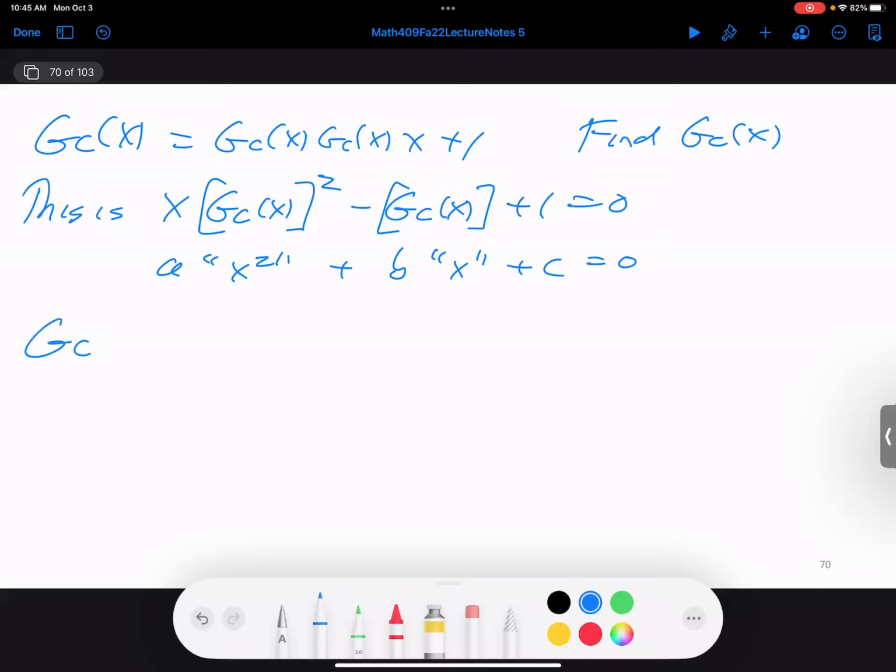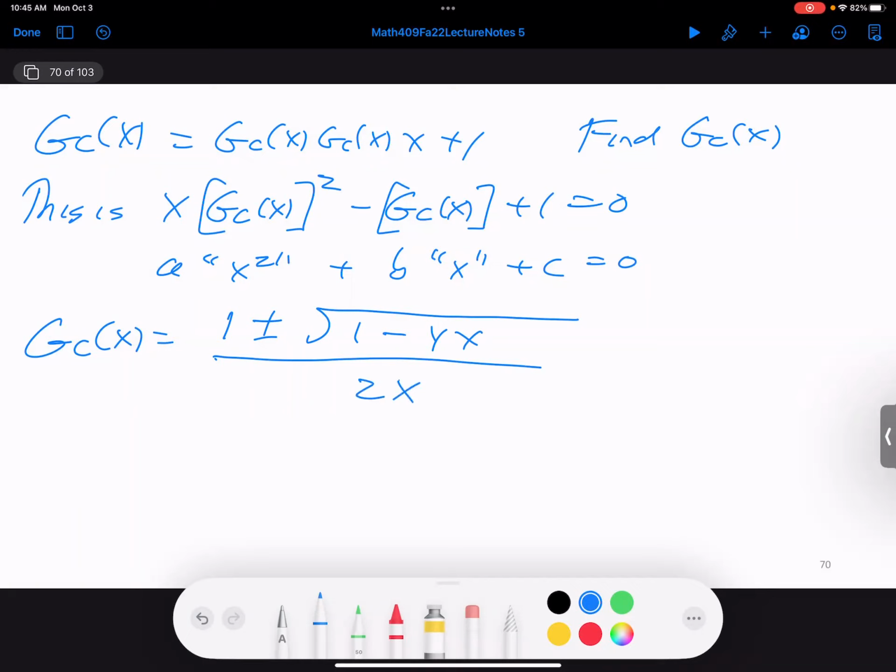So GC of x is going to be negative b. So what does b equal here? Negative 1. So negative b would become now 1, plus or minus the square root of b squared, which is 1, minus 4ac, minus 4x, divided by 2a, right?